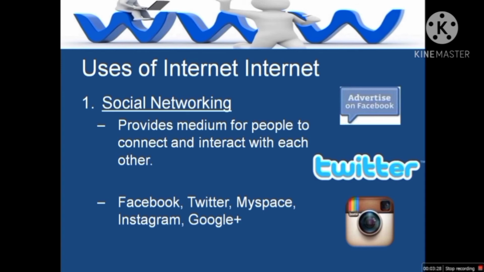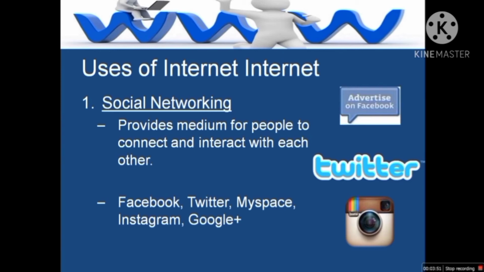The first use is social networking. So what is social networking? As we discussed in our prior video, social networking sites allow people to communicate with one another online. They provide a medium for people to connect and interact with each other.